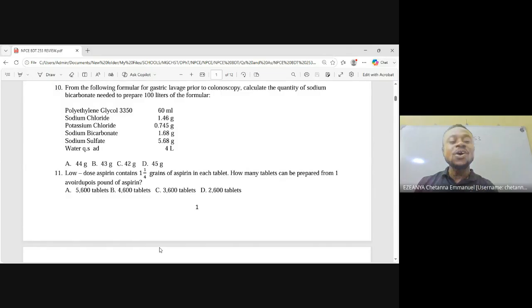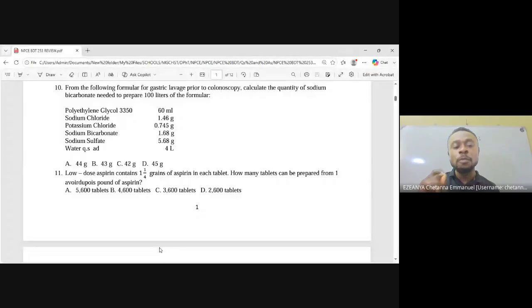Please don't start getting the amount of each of the ingredients you need to produce 100 liters. Focus on the one you were asked, which is sodium bicarbonate. Am I communicating? Focus on the sodium bicarbonate.